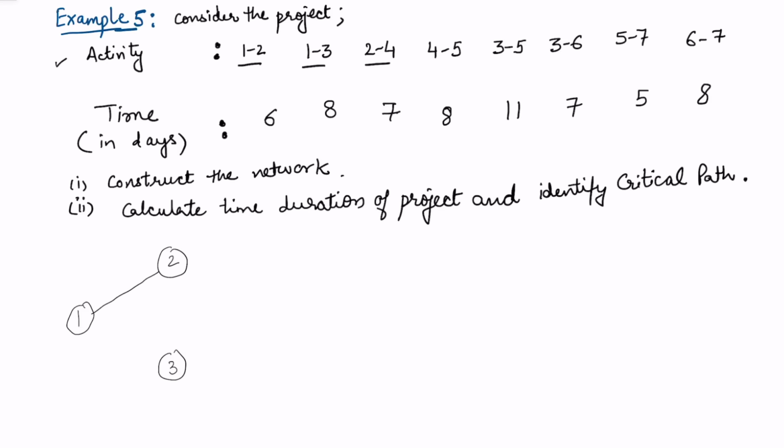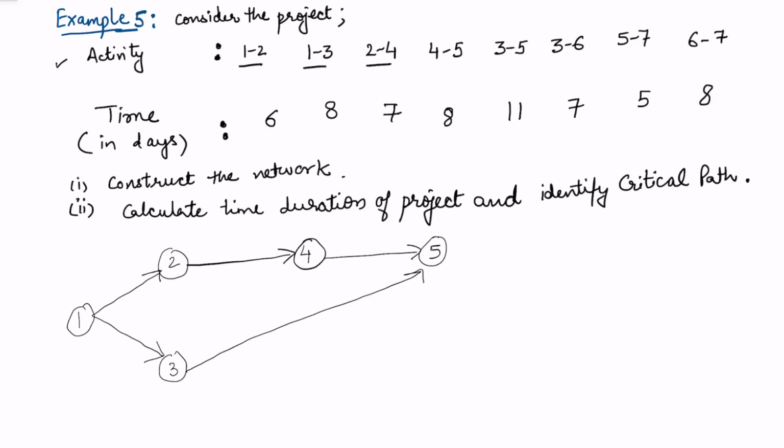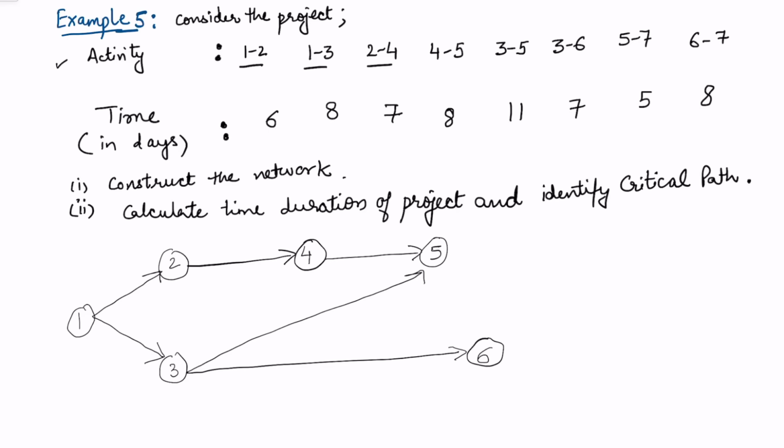So join these points. 1 to 2 is an activity. Second, it says 1 to 3 is an activity. 2 to 4 is an activity. 4 to 5 is an activity. 3 to 5 is an activity. Just join them straight away by arrows. So this means it is a network given to us which we are not constructing but just rewriting as it is given in the problem. And 3 to 6 is an activity.